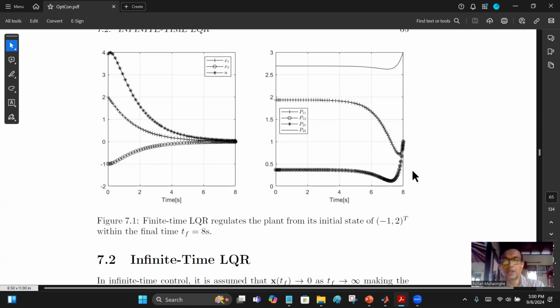Interestingly enough, you can see that the P matrix values stay flat for a long period of time. And the only variation is towards the very end of the finite time. Right?